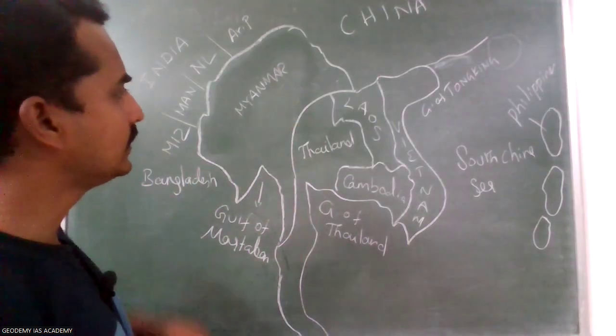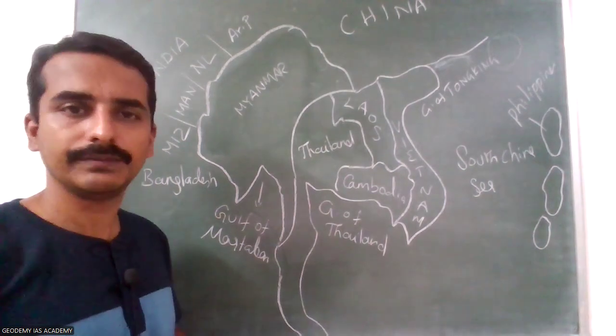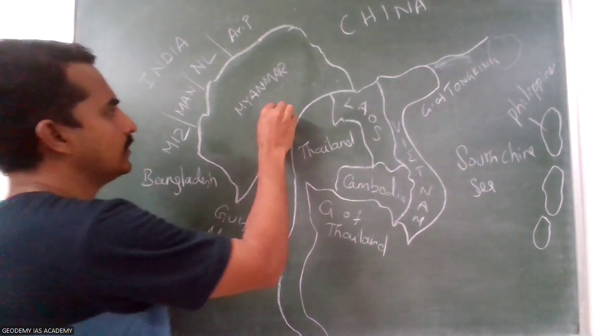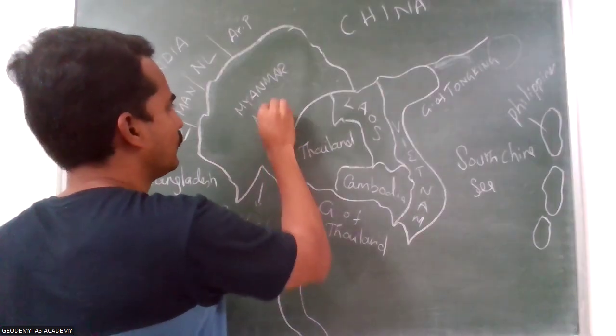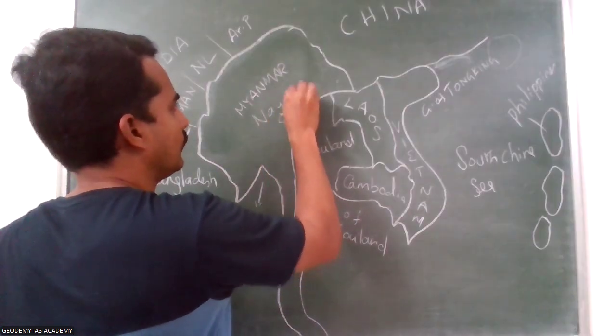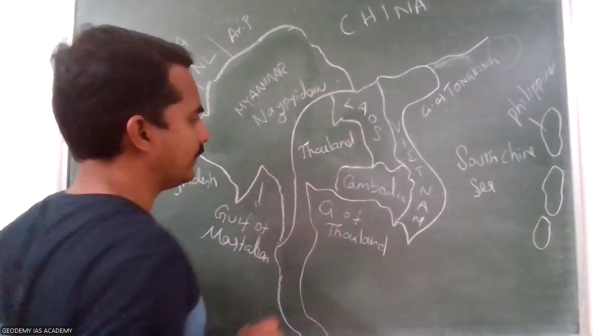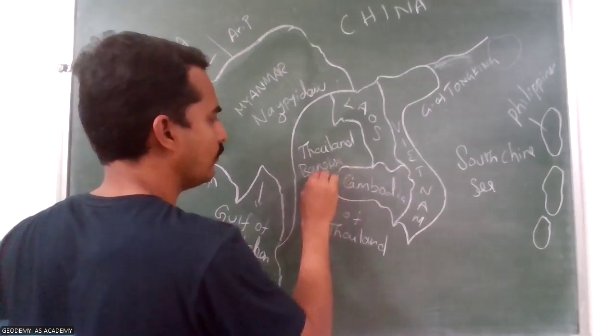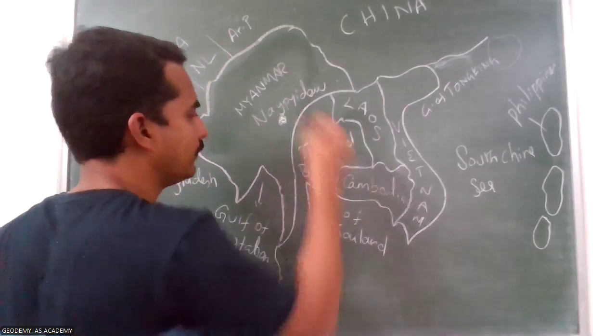So these are the countries, and then you should know at least the capitals of these countries. Here, Naypyidaw, and Bangkok, Thailand, Bangkok city, Naypyidaw, okay.